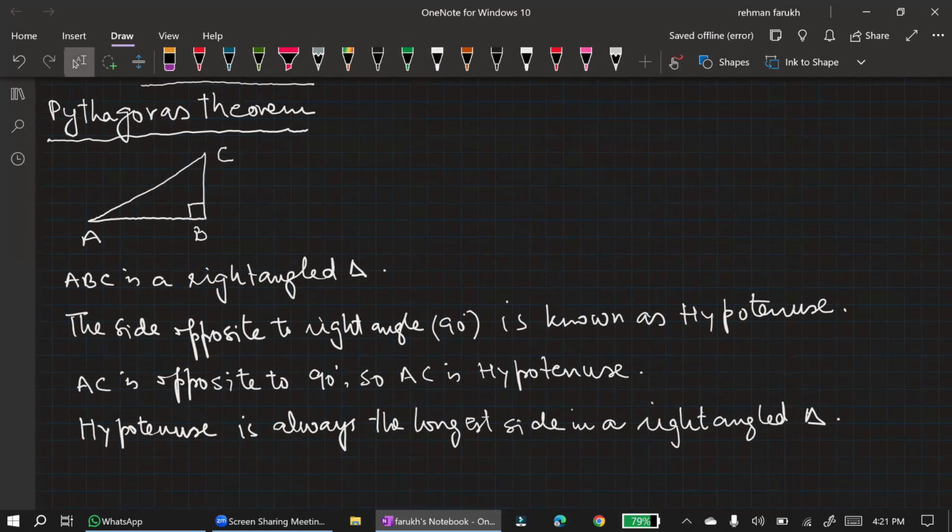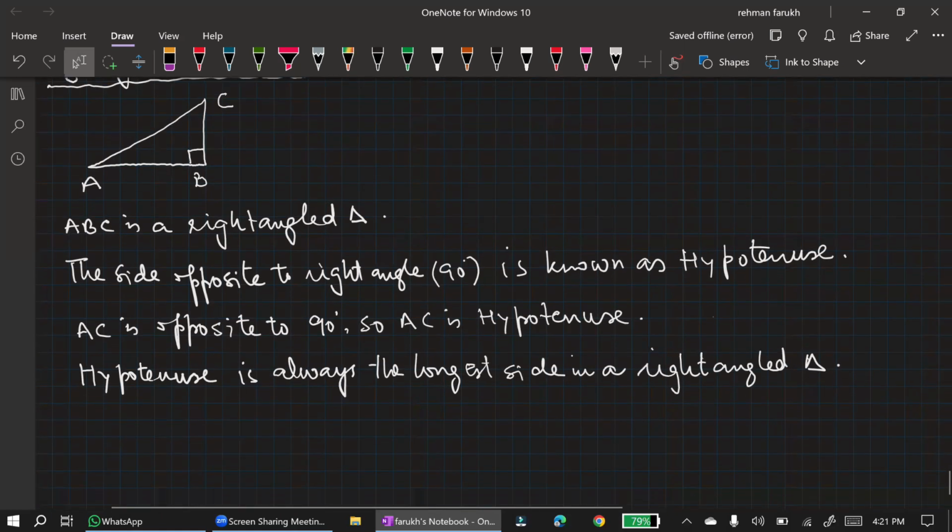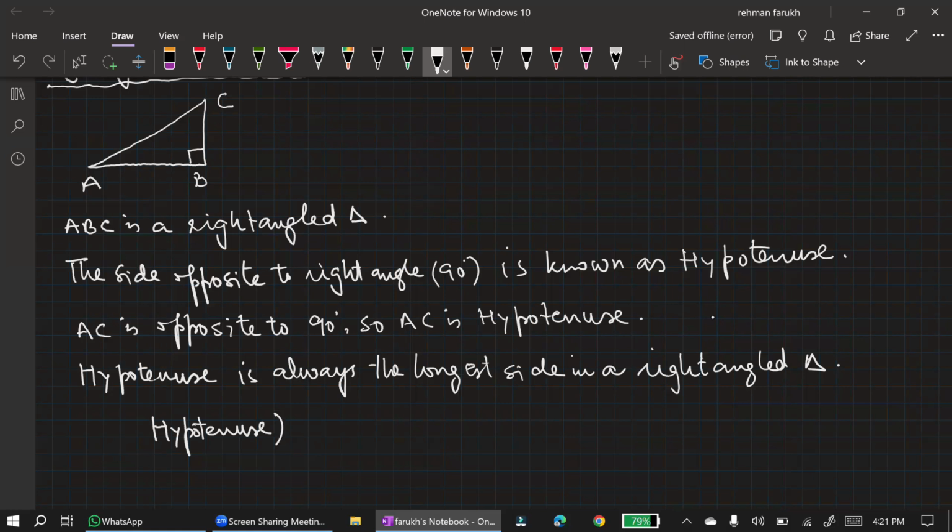Now, Pythagoras theorem states that hypotenuse square is equal to the sum of the squares of the other two sides: side 1 square plus side 2 square.